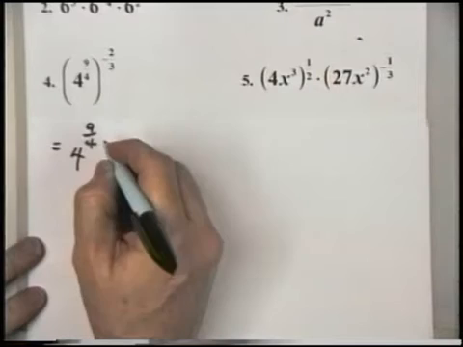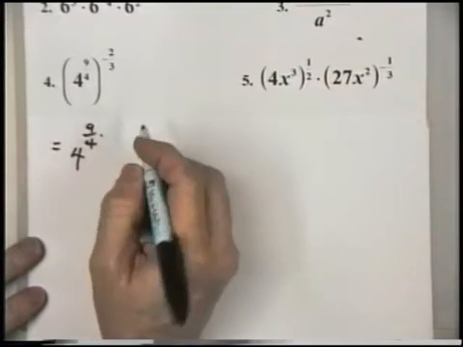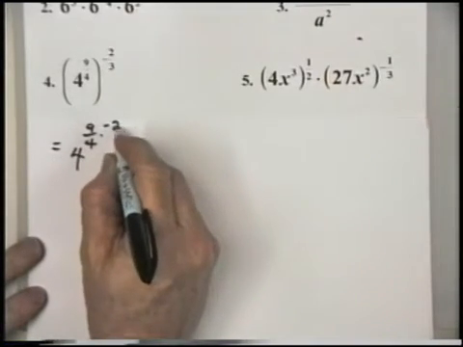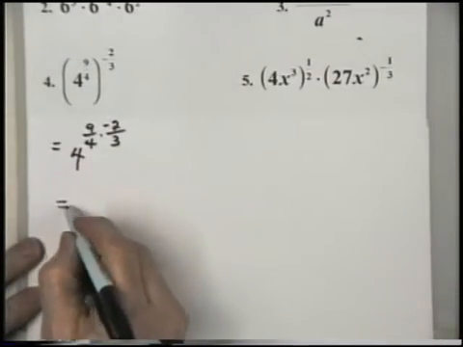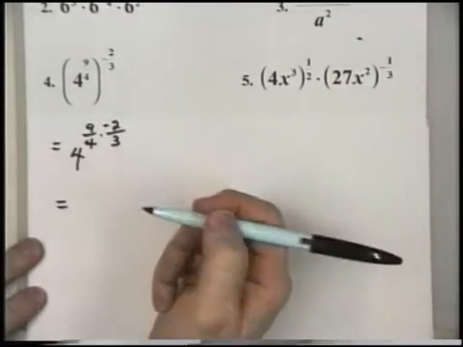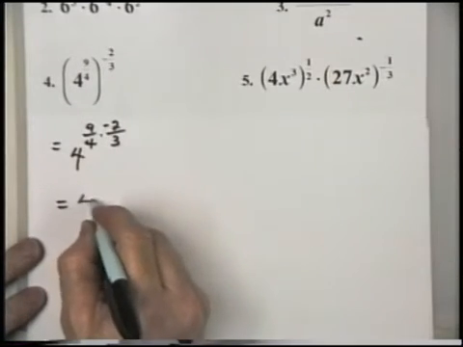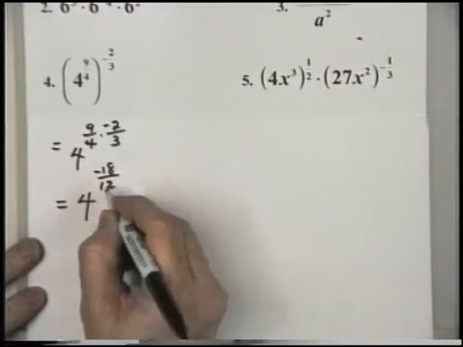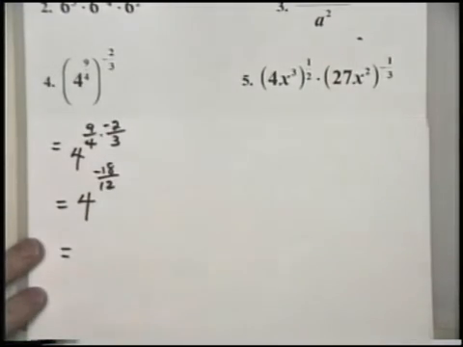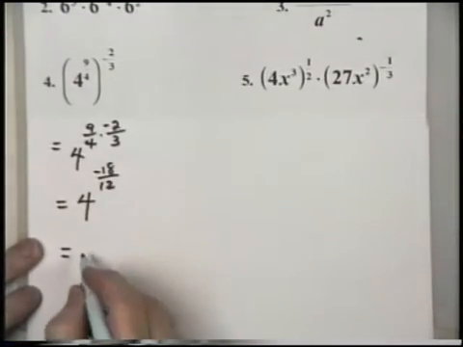So this should equal 4 to the 9/4 times a negative 2/3, or 4 to the negative 18/12.